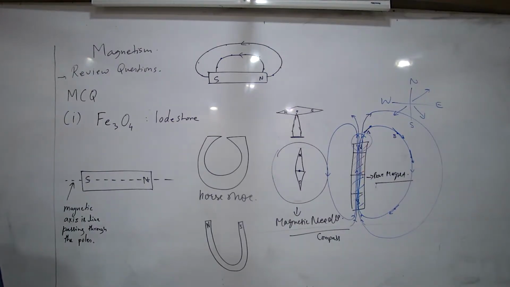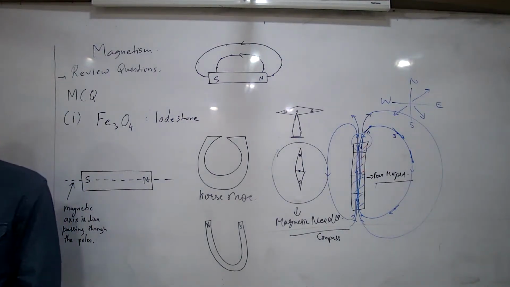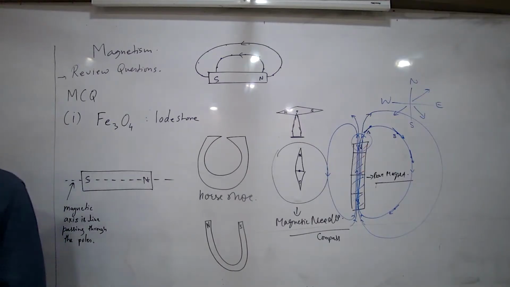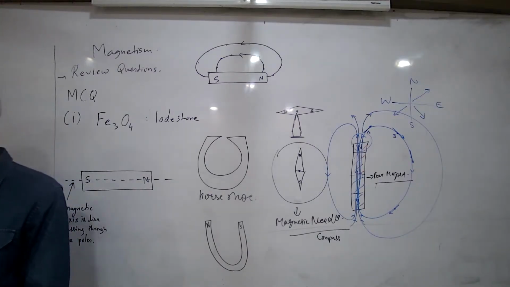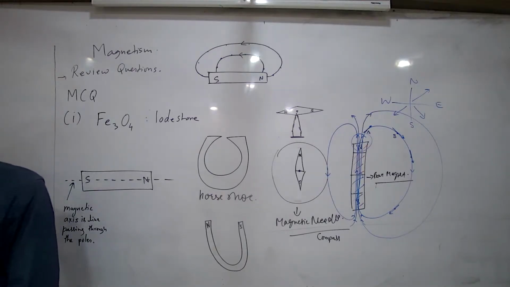23 is also the same. How is the position of the neutral point located with the use of a compass needle? What is the neutral point? The point where the net magnetic field is zero. And where the magnetic field is zero, the magnetic compass shows a random direction.